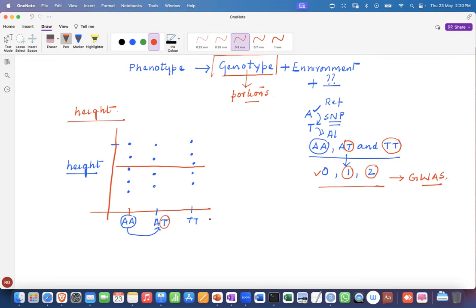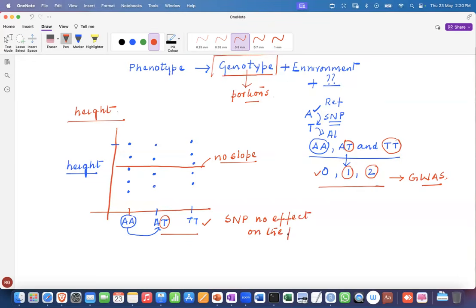So for such a SNP, when you fit a line against all the points that are distributed, if there is no slope, it means that this particular SNP has no effect on the phenotype.